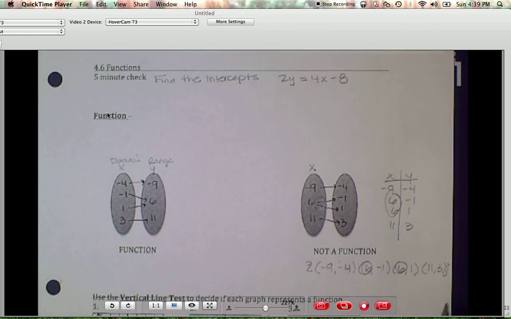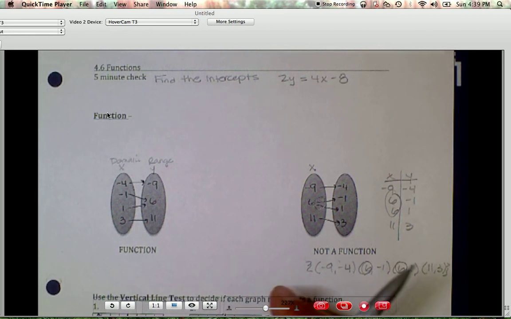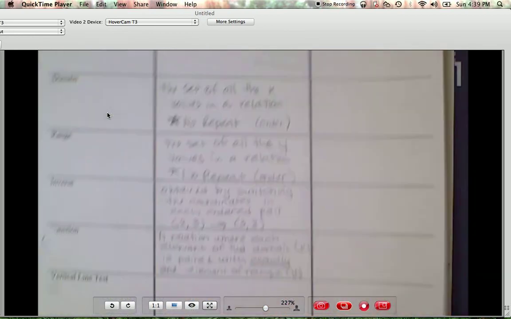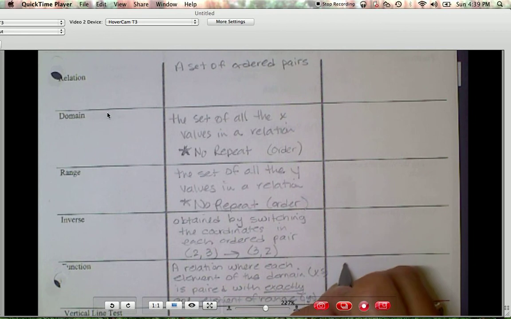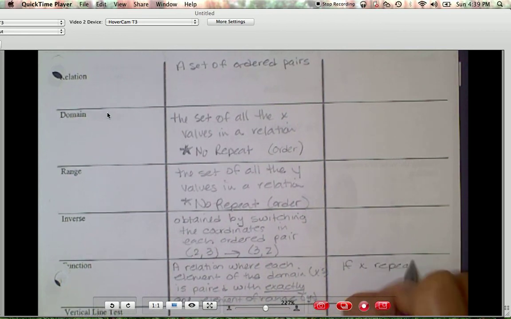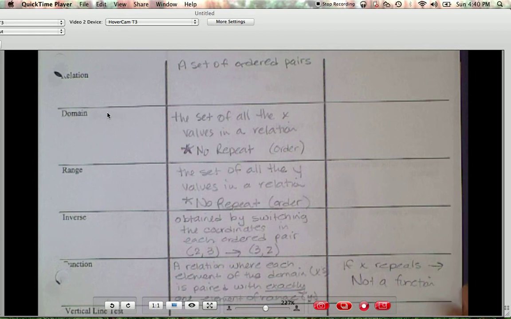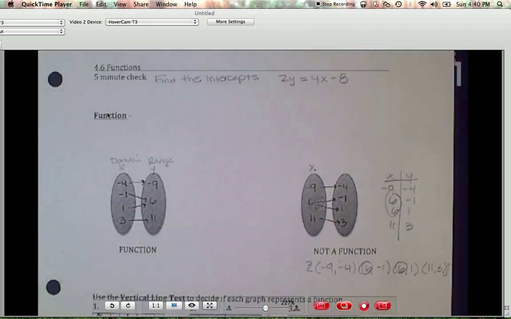So for a function, there can be no repeat in the x values. And we'll go ahead and add that up here. If x repeats, it's not a function. There's no care about y. Doesn't matter if y repeats. But if x repeats, it's no longer a function.